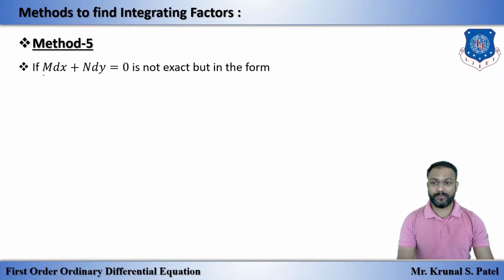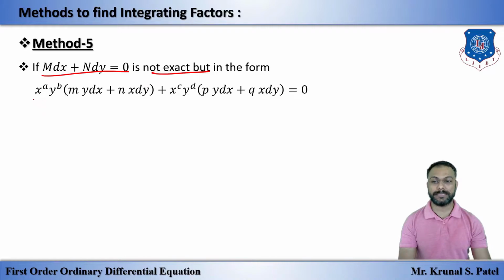If M dx plus N dy is equal to 0 is not exact, but it is of this form: x raised to a, y raised to b, outside of the bracket, and in the bracket m y dx plus n x dy, plus x raised to c, y raised to d into the bracket p y dx plus q x dy, is equal to 0.